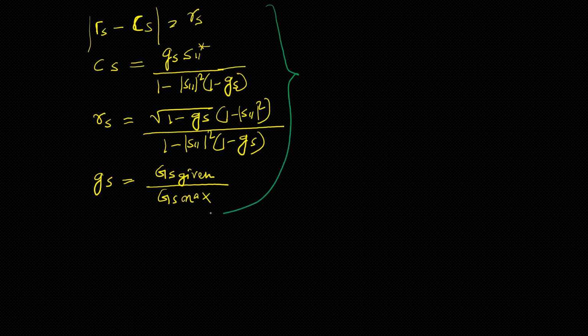So this is the summary of what we did today for the input part, but the same equations will reflect in our output part. Only our S11 will be replaced by S22.